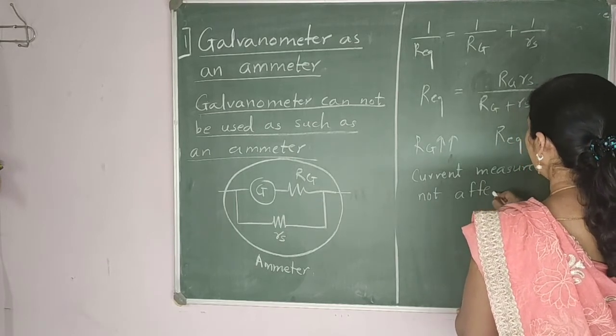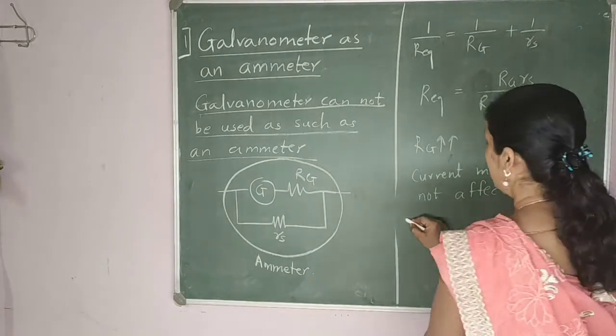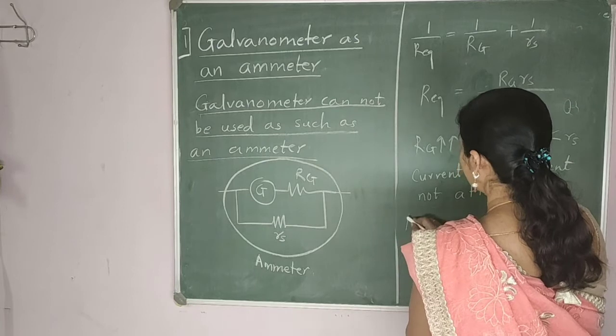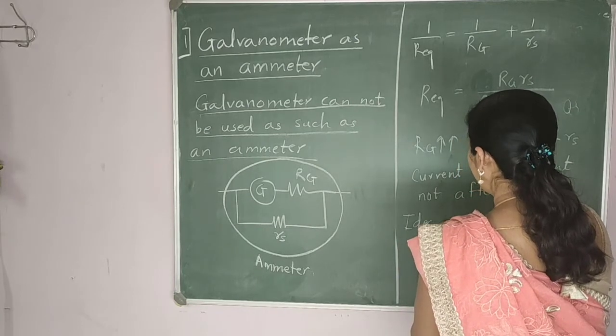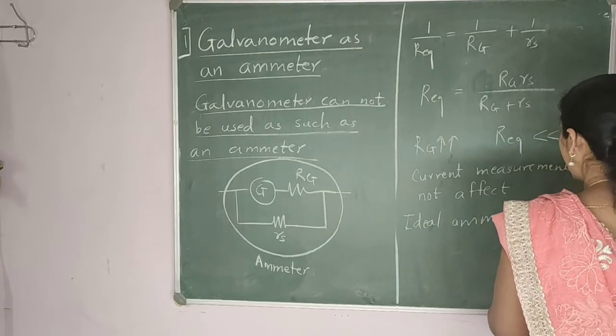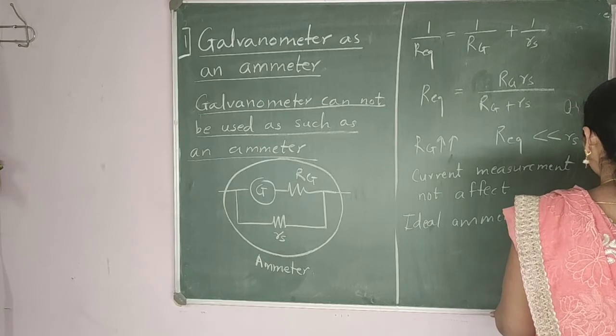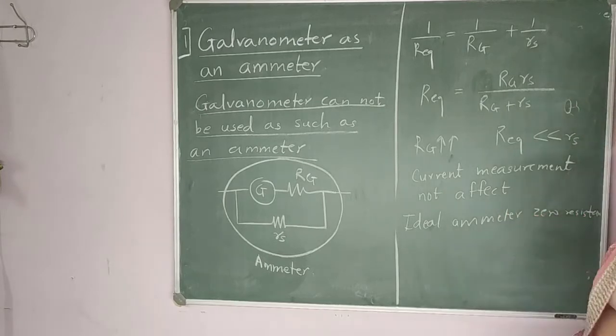So an ammeter is also called a low resistance galvanometer, and an ideal ammeter has zero resistance. That's why the ideal ammeter has zero resistance.